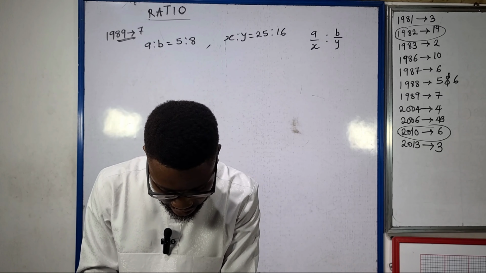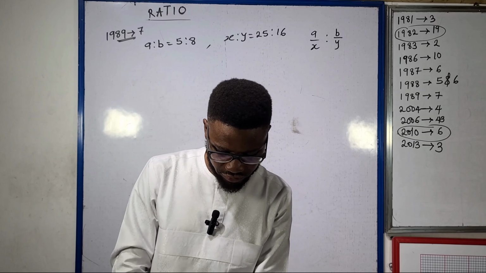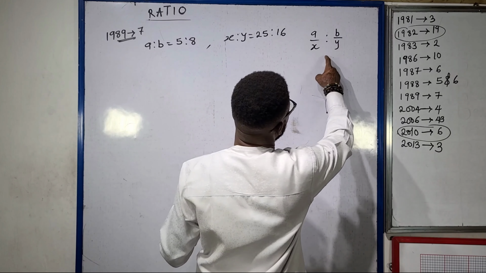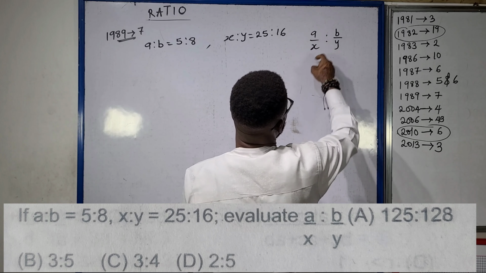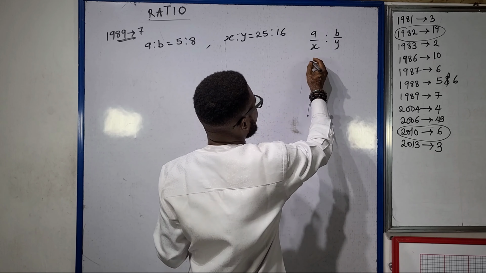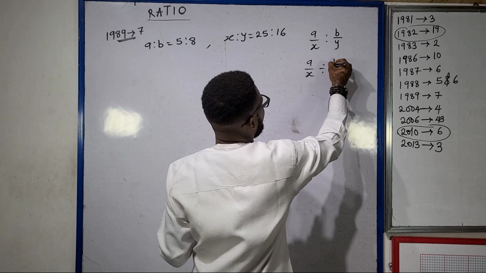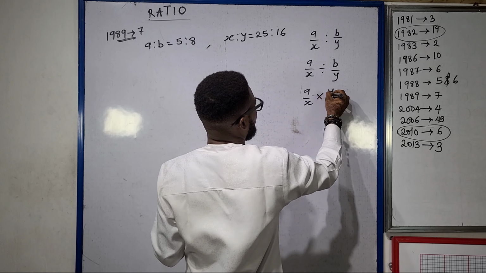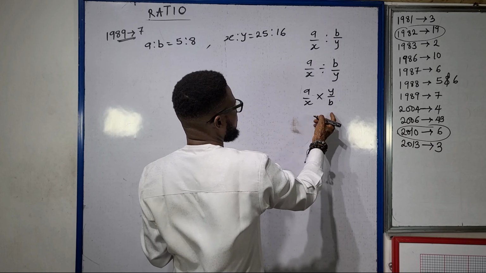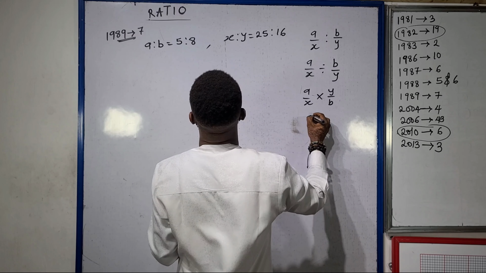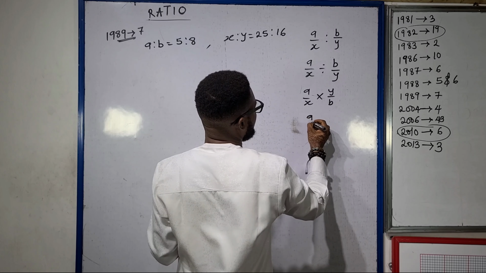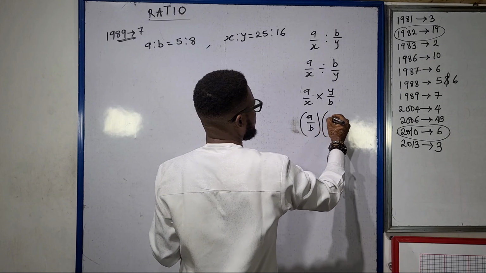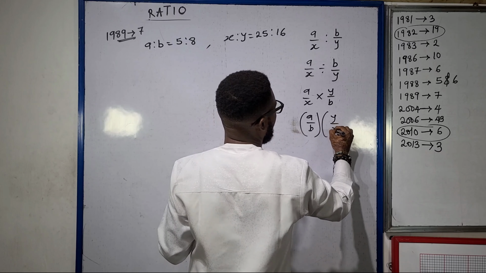It says if A ratio B equals 5 ratio 8 and X ratio Y equals 25 ratio 16, evaluate A ratio X. So evaluate A over X ratio B over Y. This should mean A over X divided by B over Y. So this is going to mean A over X times Y over B. So invariably, this can be likened as A over B times Y over X.